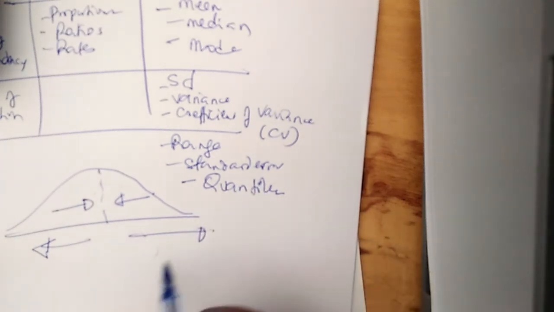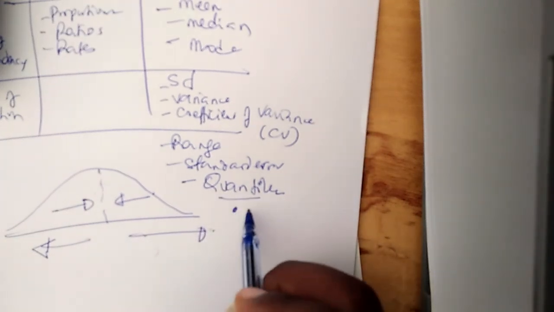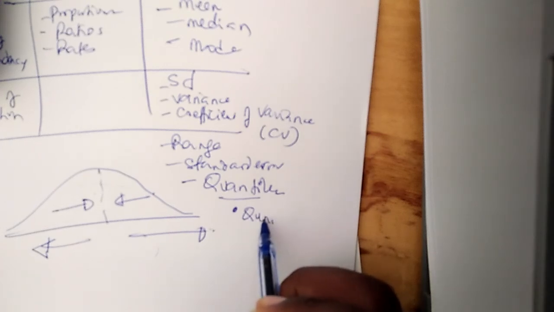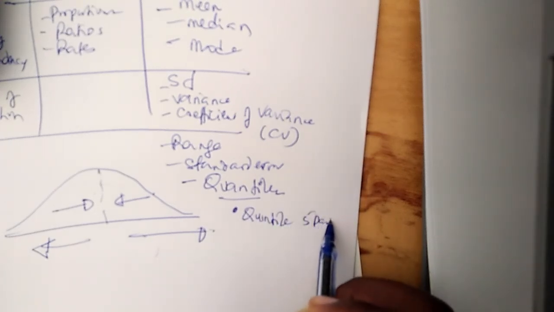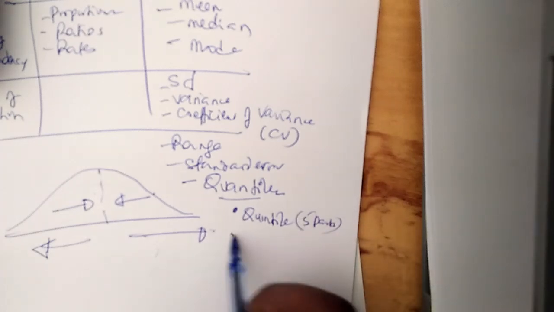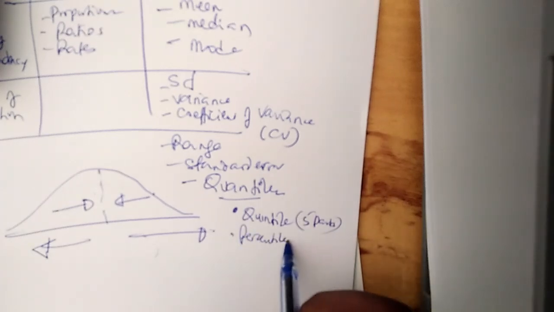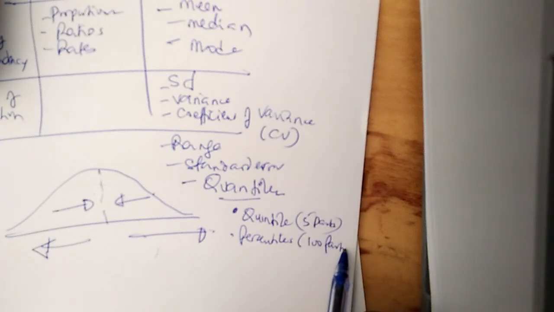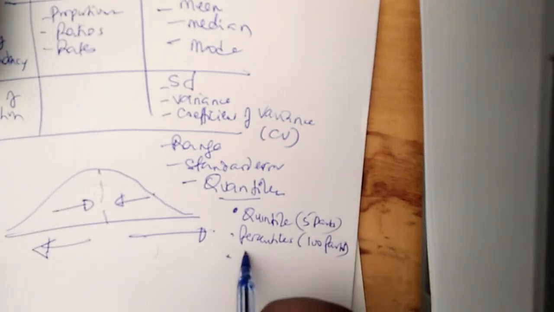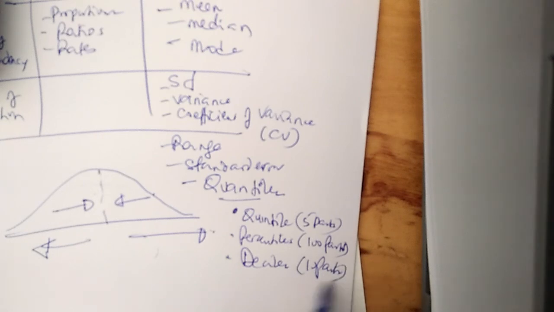Quantiles involve quintiles, which is 5 parts, percentiles, which is to do with 100 parts, deciles, to do with 10 parts, and the most important is quartiles.